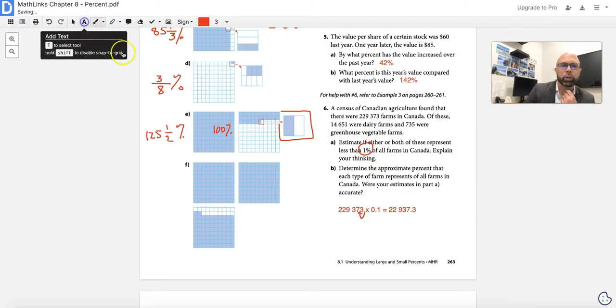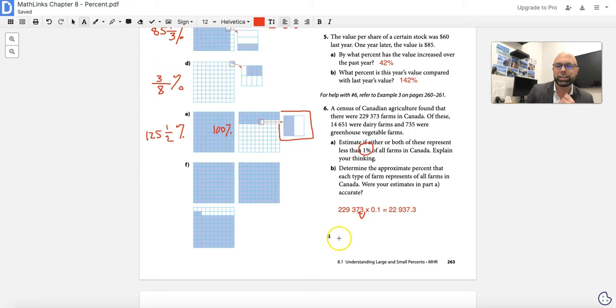Now, in this case, they're asking us about 1%. So how do we do that? We're going to multiply by 0.01. Maybe I'll include the commas. That might make it easier for you guys. 373 times 0.01. That is 1/100th, or 1%, equals, now we're moving the decimal 2 spots, right?